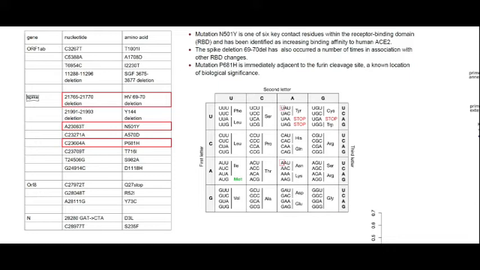So these three mutations seem to be important for making this virus more virulent, more contagious.